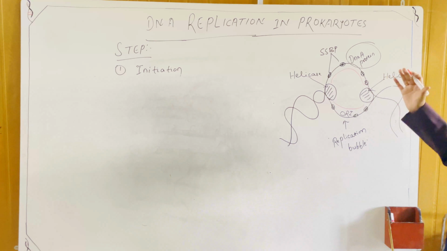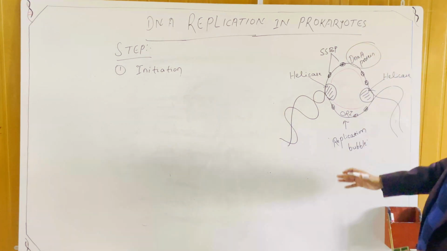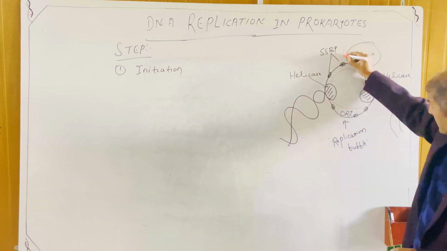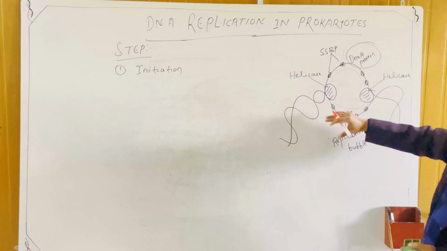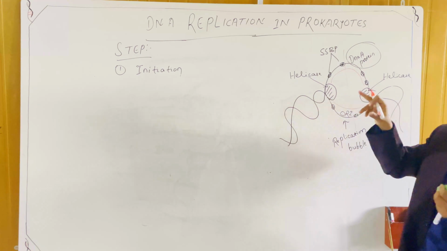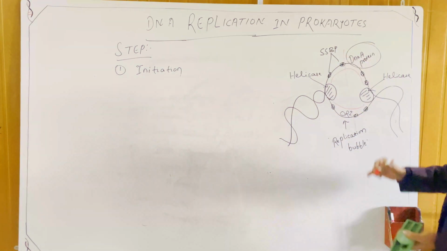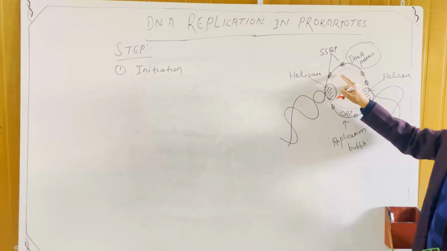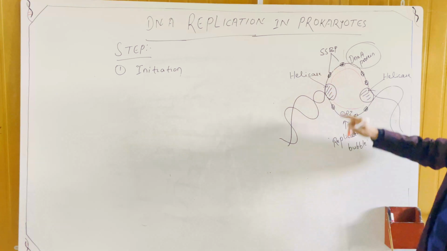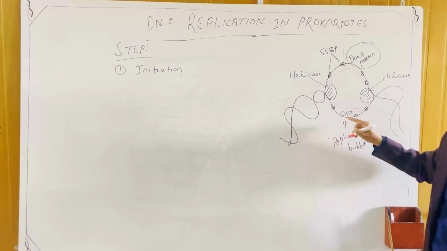In further points, we will be discussing only the half portion of this figure, because when there is formation of the replication bubble and DNA helicase makes more and more single strands, new DNA strands will be formed against each parental strand.